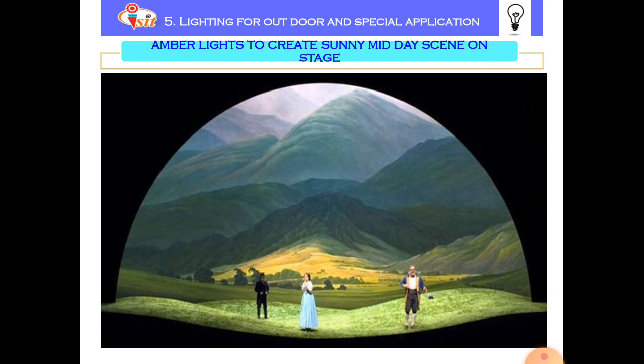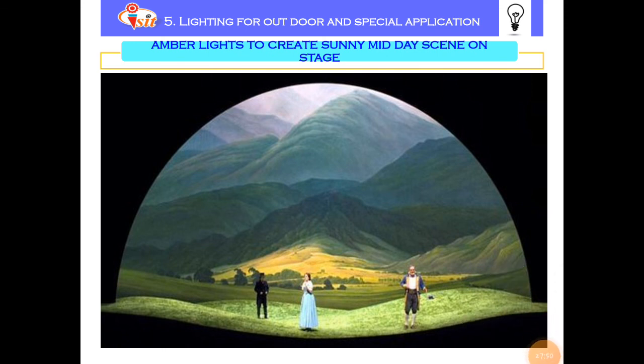So depending upon the emotions included in the drama, the electrician must know when to control all the colored lamps as well as the type of lighting scheme.